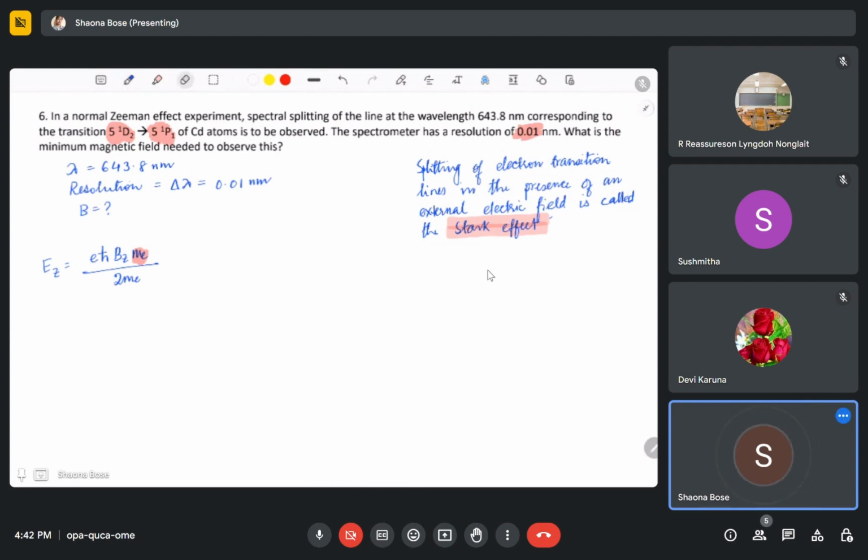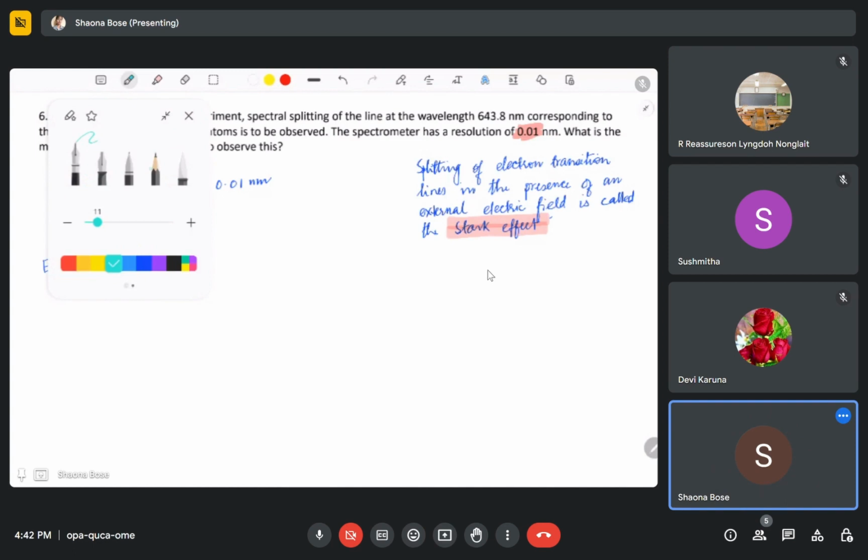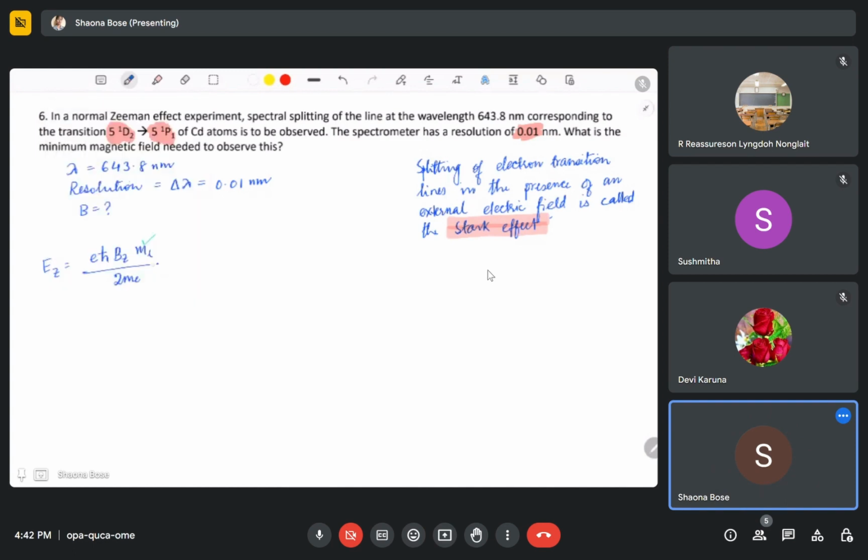So what I've done is, okay, before that let us see what all do we have from this equation, from the associated equation. Mass of electron, we already know. Sorry, this was ml, sorry.